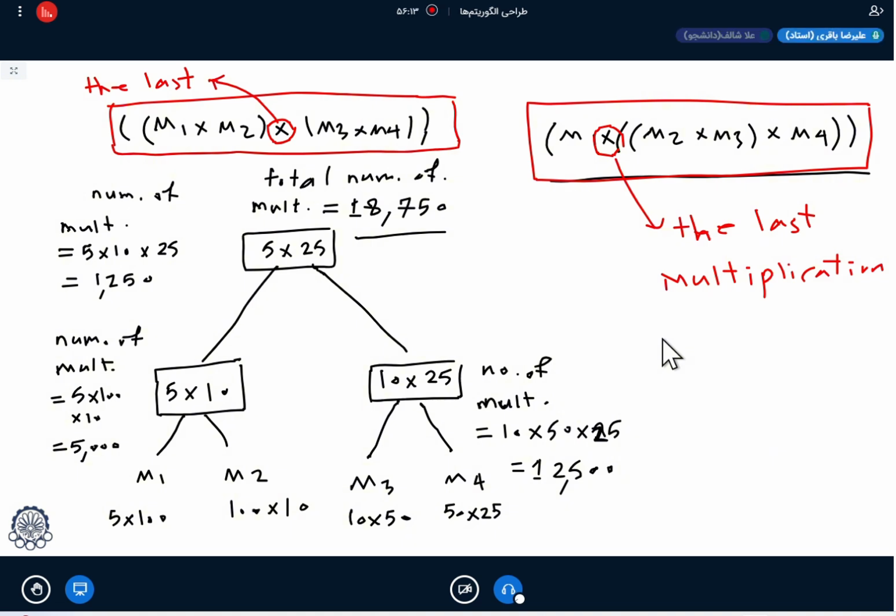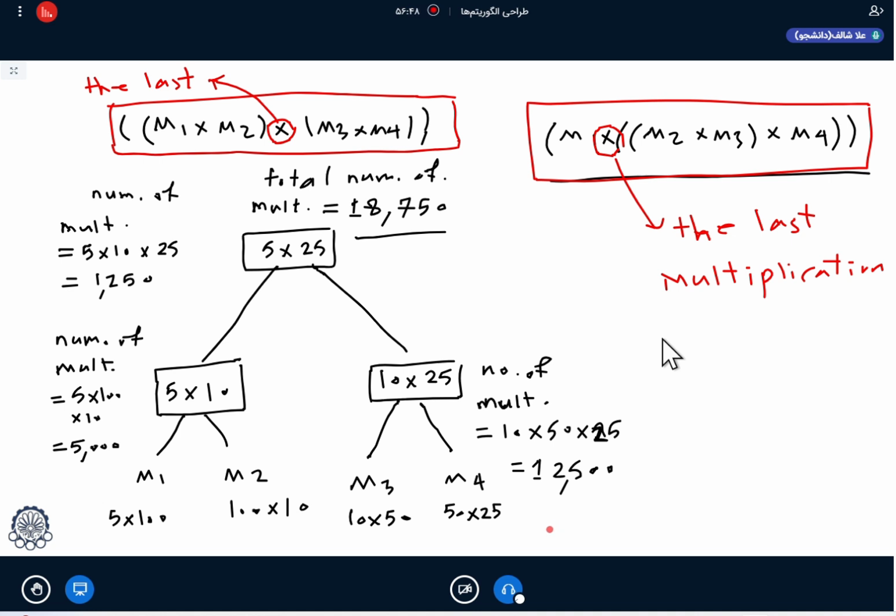Assalamu alaikum, Doctor. Assalamu alaikum. I'm sorry, Doctor. I mean this slide, yes. Why is M1 5 multiplied by 100? Why use 100? I mean 5 multiplied by 10, and this right and left multiplied by 10.